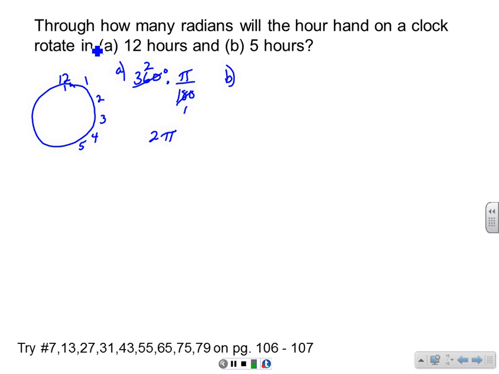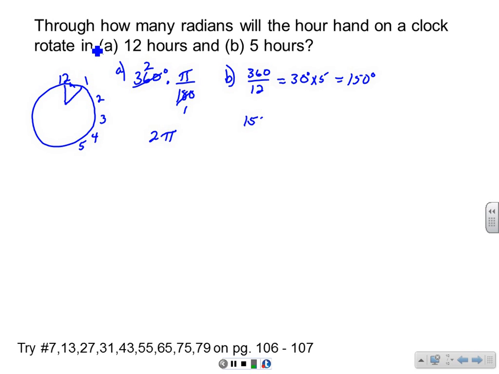Well, remember, if we do 360 divided by 12, that's going to be 30. So we know that each hour is 30 degrees. Well, we want 5 hours, so we know that we're talking about 150 degrees.